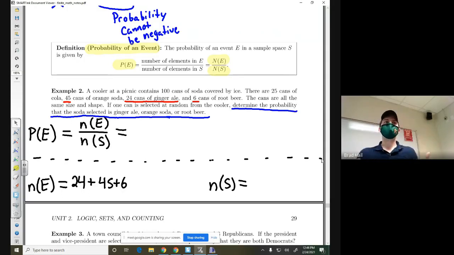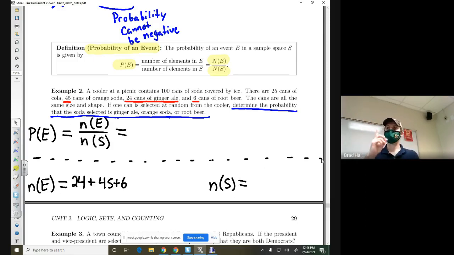So we would use the multiplication principle if there were, so this problem only states that one can is selected. So that one can would be the only position, so there's nothing else to multiply. You might think, what about the 24 cans of ginger ale, the cans of orange soda, and the 6 cans of root beer? It's not saying you're picking 3 cans from each one of those.